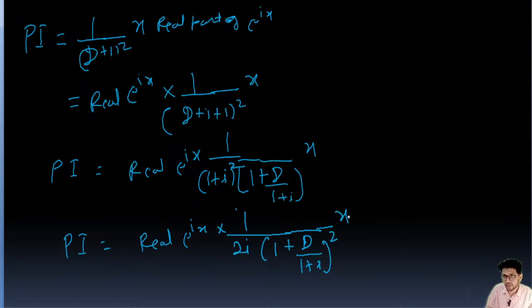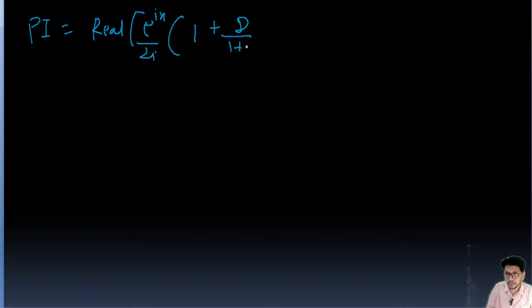Okay, next the PI is going to be the real part of e to the power ix by 2i, and this is going to be 1 plus D upon (1 plus iota) into (1 minus iota). We can multiply by 1 minus iota to the inverse.